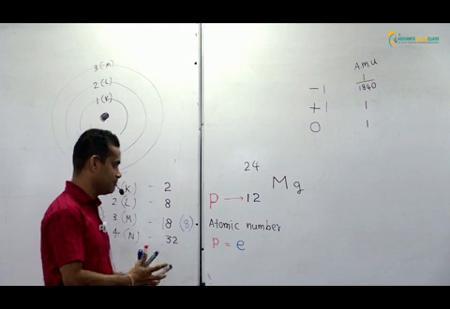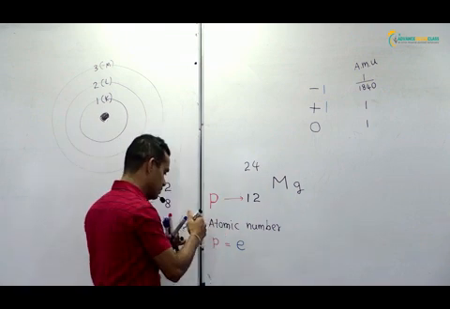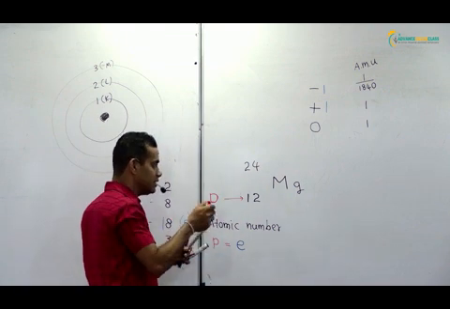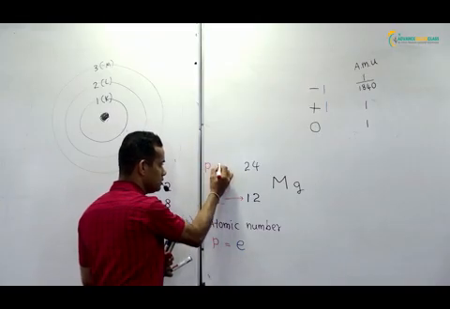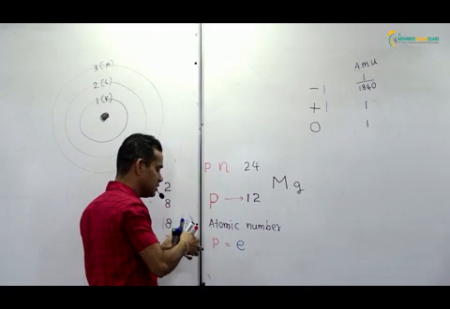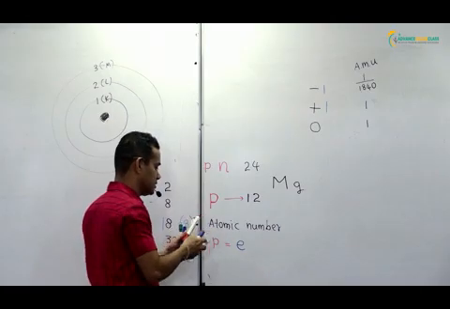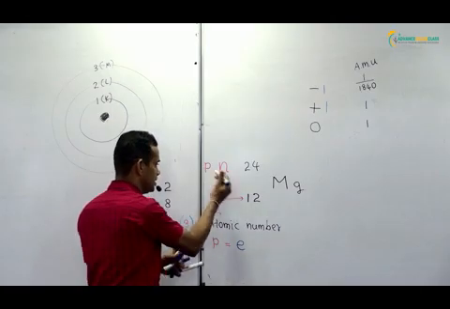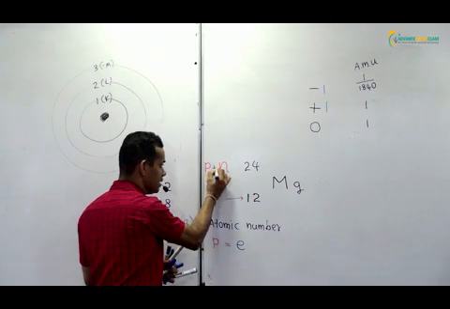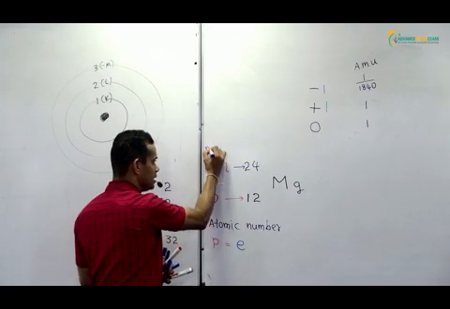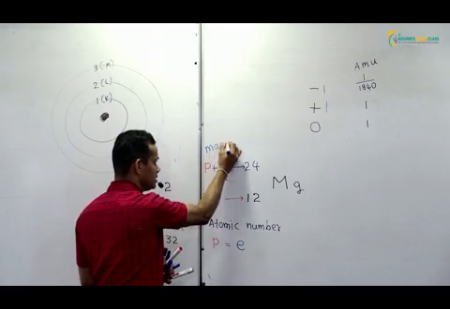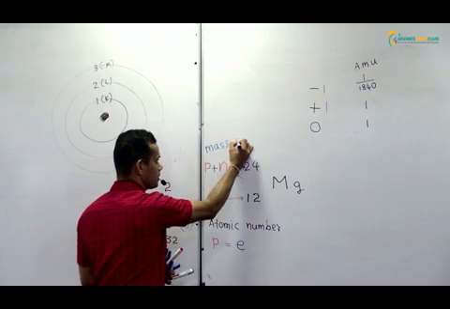Right, protons. Then this upper one is giving you the summation of two things. It is protons and neutrons. If you add together, you get this: P plus N. Its name is mass number.